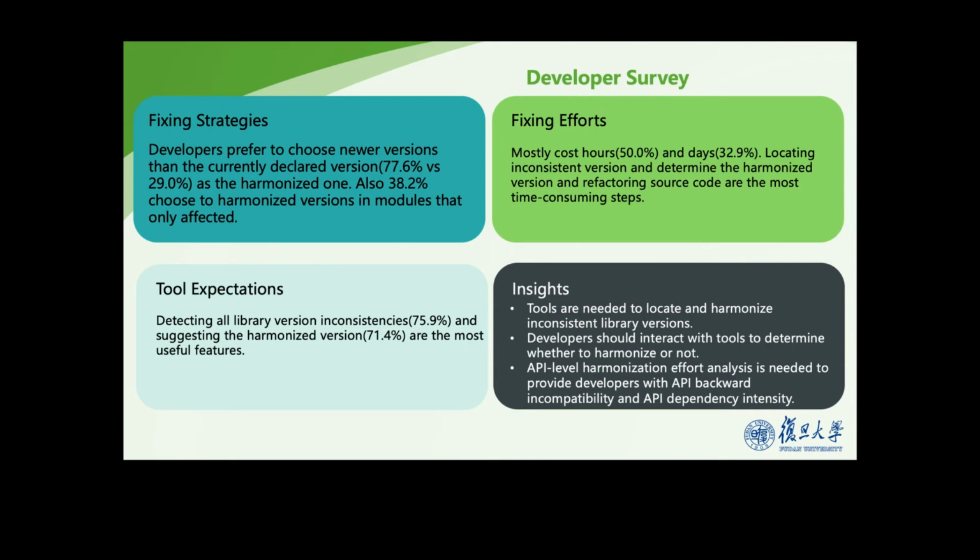Developers should interact with tools to determine whether to harmonize or not. And 3, API-level harmonization effort analysis is needed to provide developers with API backward incompatibility and API dependency intensity information.